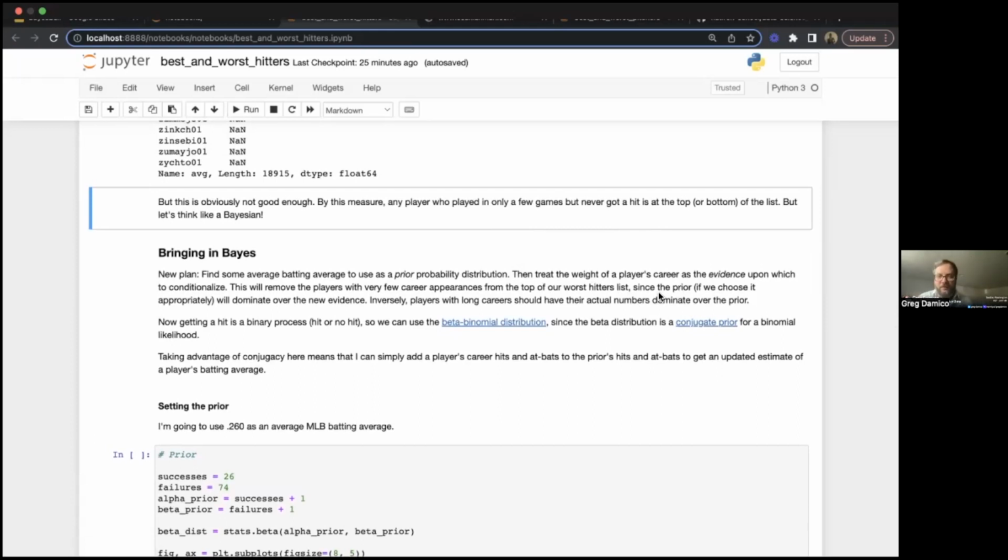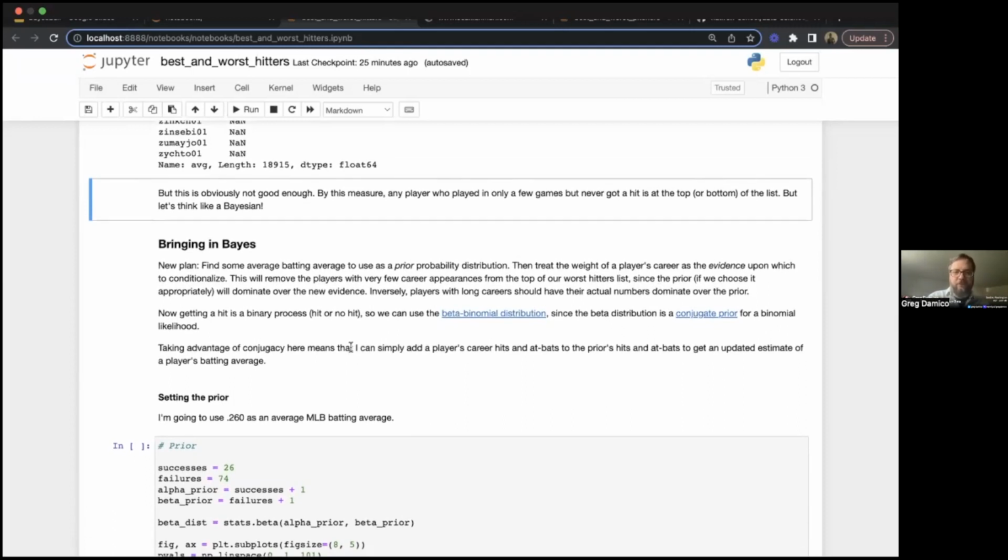Now, this notion of Bayesian conjugacy is somewhat complicated, but the bottom line is pretty neat: I can simply add a player's career hits and at-bats to the prior's hits and at-bats, and that will be an accurate calculation for the posterior. This will be a quick way to solve Bayes' theorem.